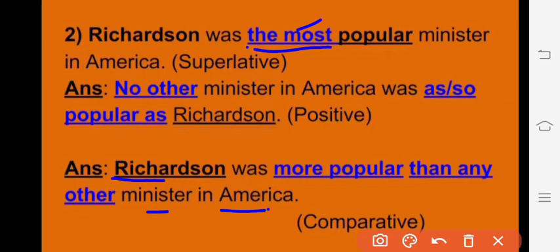So your answer is: Richardson was more popular, and apply "than any other." In positive degree we are applying "no other." In comparative we are applying "than any other." So Richardson was more popular than any other minister in America.